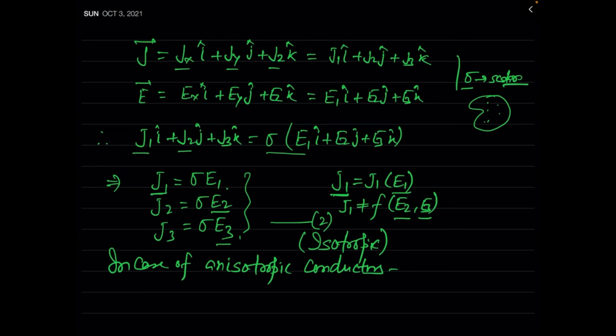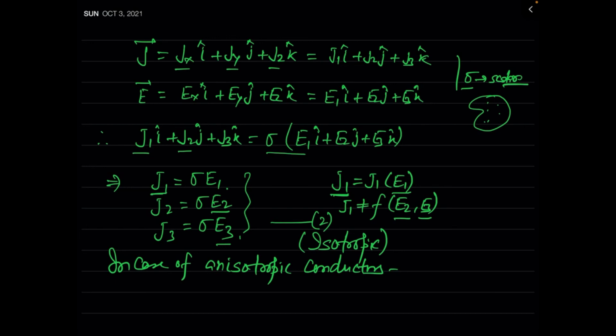So, if the solid is anisotropic, then any component of the current density vector depends on all three components of the electric field vector. Actually, there was some problem in my throat, so don't mind.